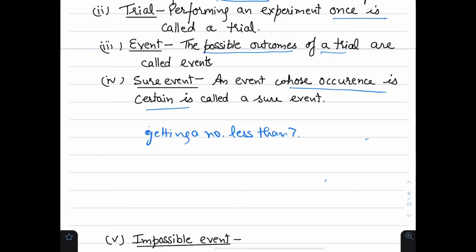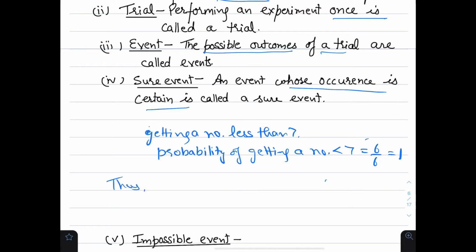The event of getting a number less than 7 in a throw of a die has 6 favorable outcomes, and there are a total of 6 outcomes. Therefore, probability of getting a number less than 7 equals 6 by 6 equals 1.